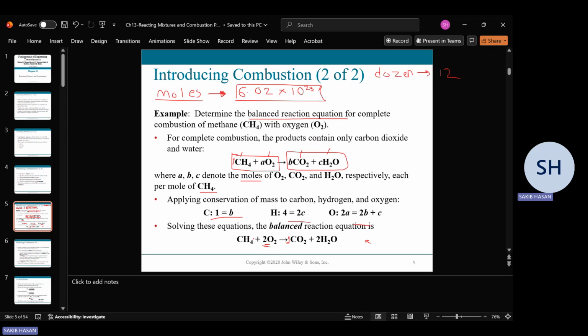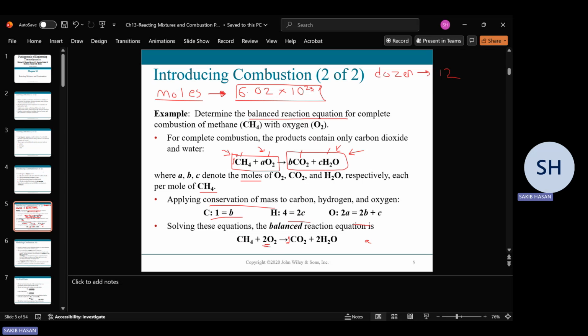Okay. So as you can see, you can use this mass balance or conservation of mass principle because the amount of carbon on this side should be equal to the amount of carbon on that side. And the amount of oxygen and hydrogen on this side should also be equal to the amount of oxygen and hydrogen on the other side.